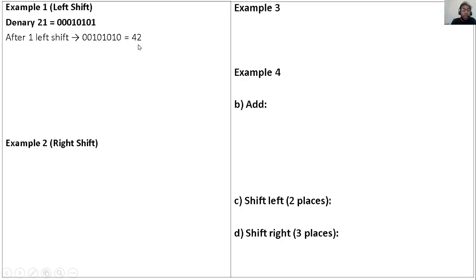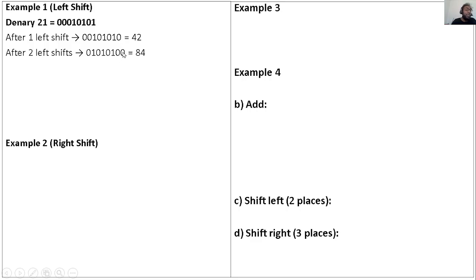If we left shift this value again, it will become double of 42, that will be 84. Now this one is shifted to the left, and again this 0 is shifted to the left, and this one is shifted to the left, and this 0 is shifted to the left.